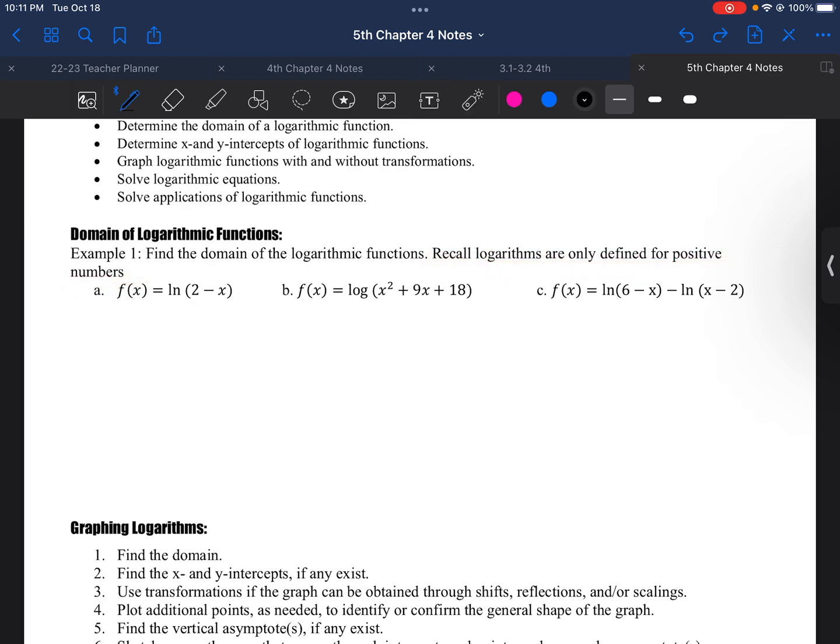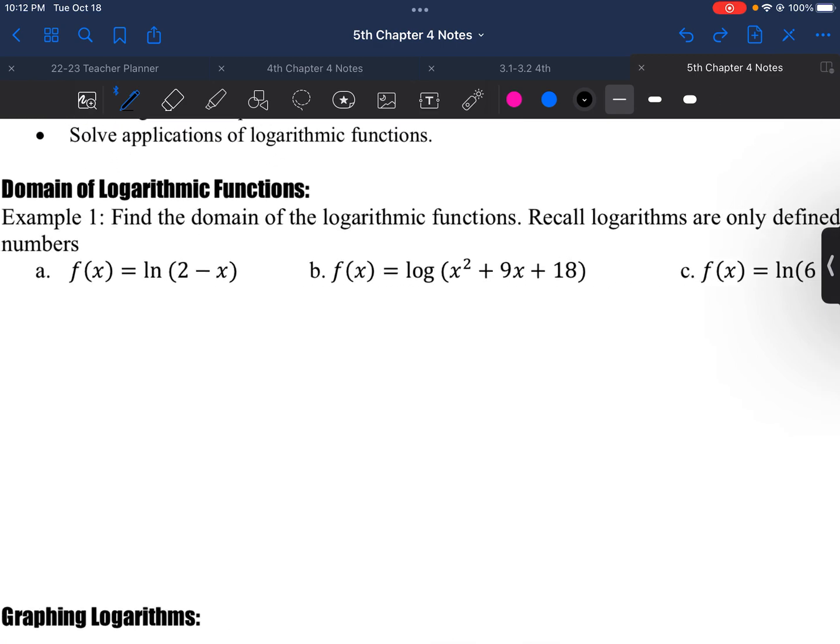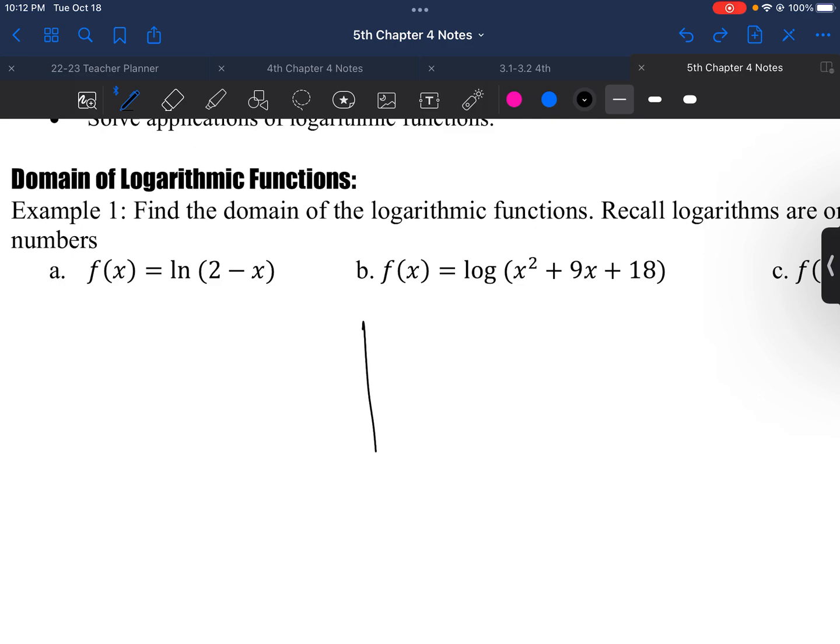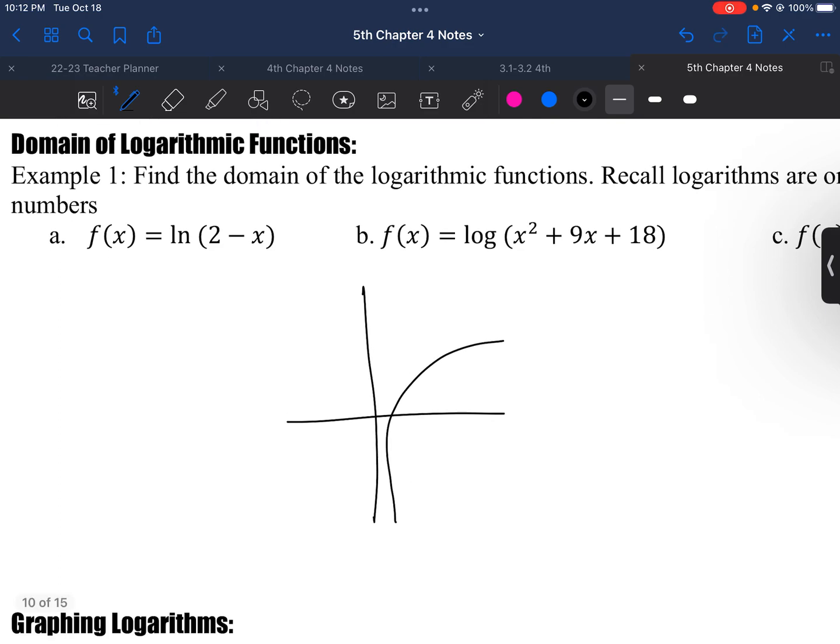So if we plug something in here, we cannot let the whole thing, so we'd plug in for x, be negative, because logs of negative numbers cannot happen. It's kind of like how we can't take an even root of a negative without getting i's. They're just not defined, and it's because the graph looks like this, right? So there's no way to get a log over here.